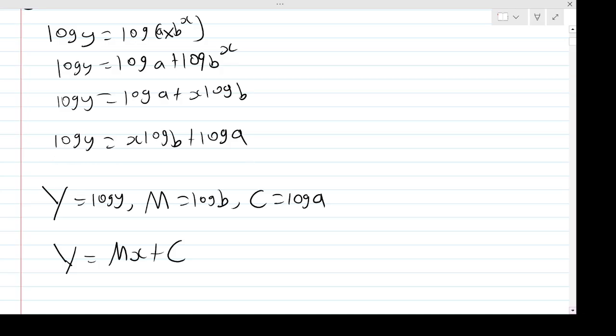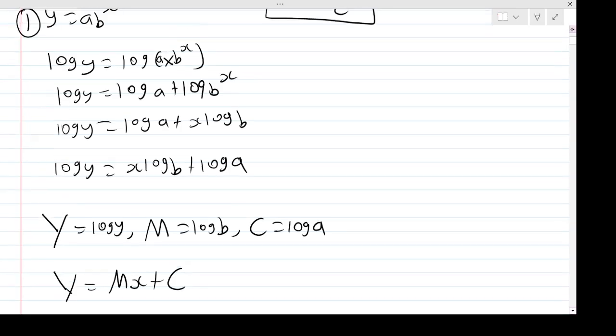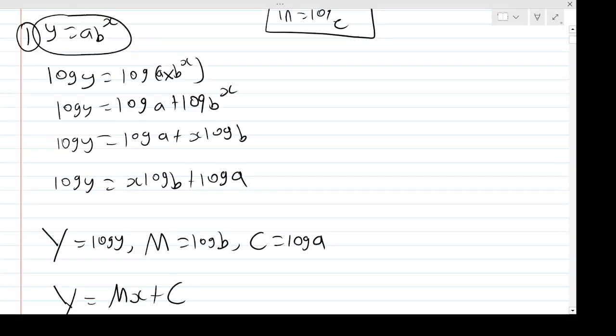So what we've done is converted this exponential equation into a logarithmic one, but a straight line equation instead. We can convert from the exponential form to the straight line form here.